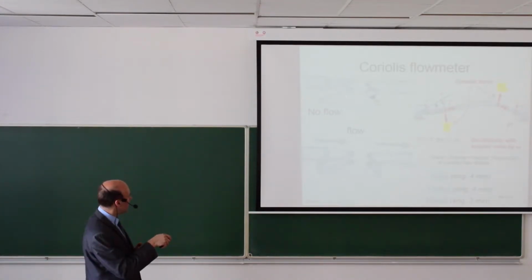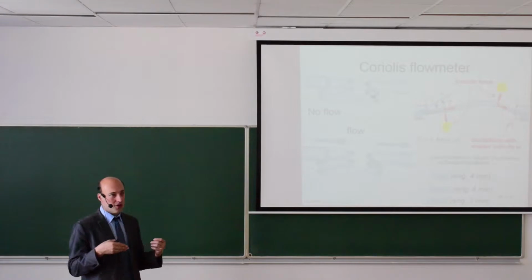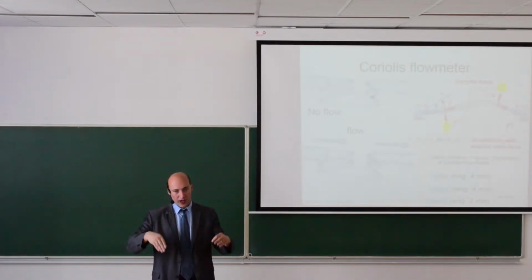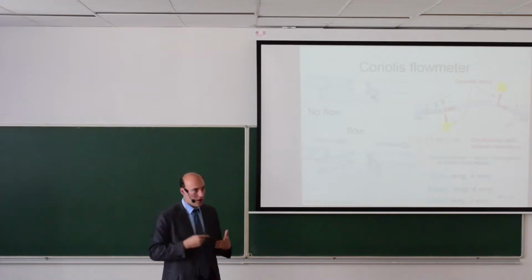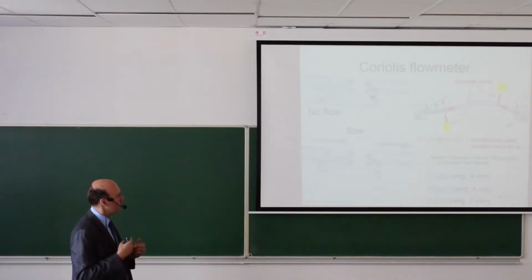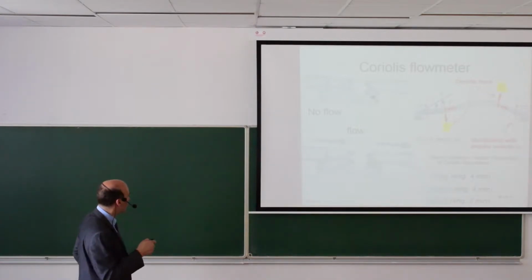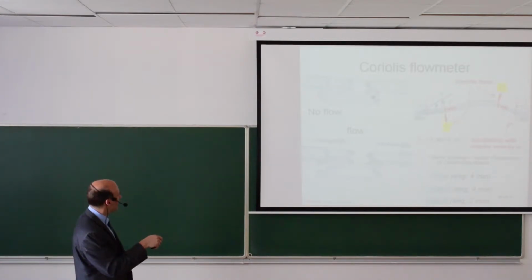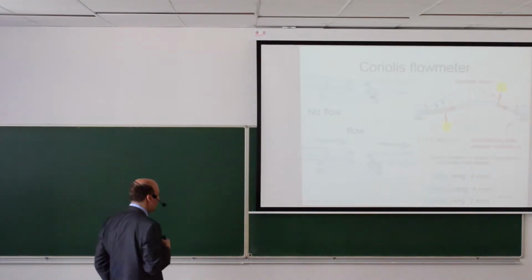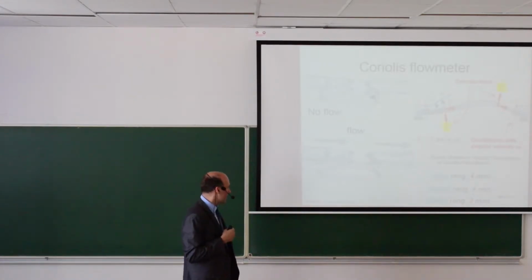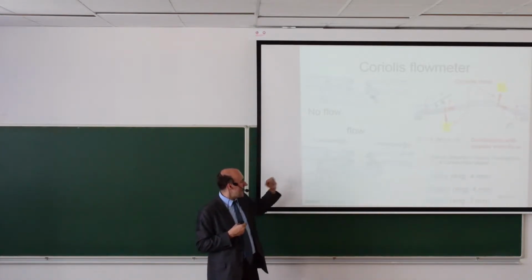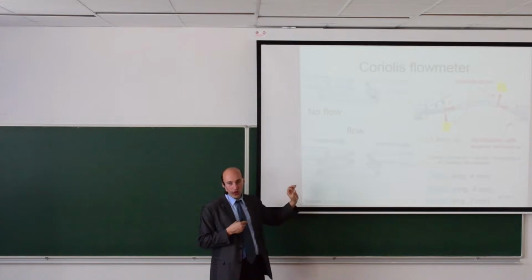And you impose vibration on the tube. So you make the tube move back and forward like this with some external actuator, and you are watching what the tube is doing. When there is no flow, you see a uniform oscillation of the tube. But as you start the water flow, then the movement will change.